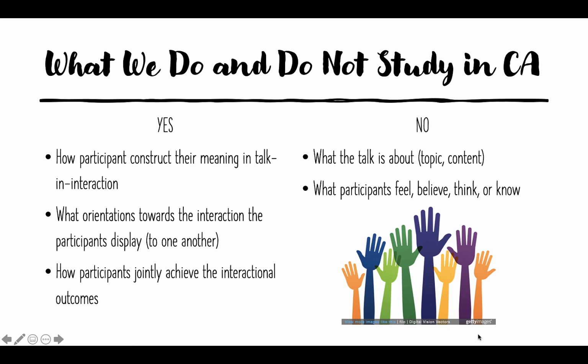We also cannot claim anything about the participants' thoughts, feelings, or beliefs. We can only talk about their displays of thoughts, feelings, and beliefs. From my perspective, personally, this is probably the hardest thing to learn in CA, not to read between the lines and into the participants' motives or unexpressed thoughts.